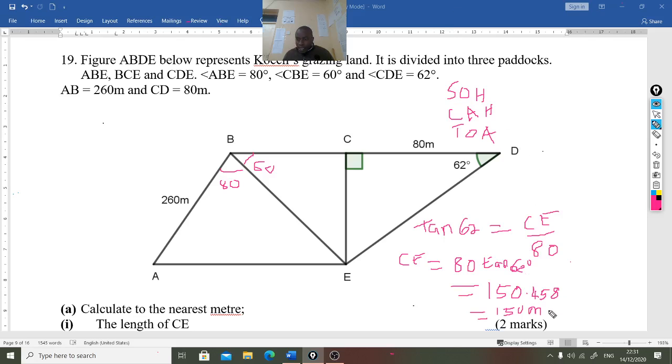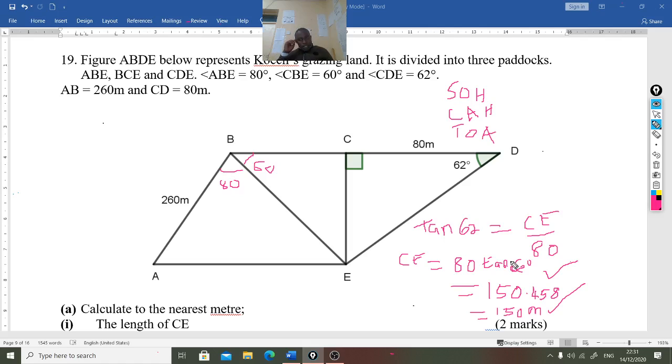Remember, in the exam, the working will be marked, but this is not the final answer because you were told nearest meter. So you must write 150 as the nearest meter and not 150 point whatever. That is 2 marks, and this one also carries a mark.